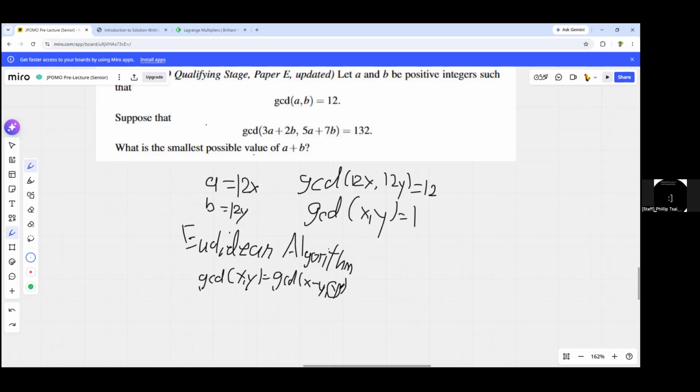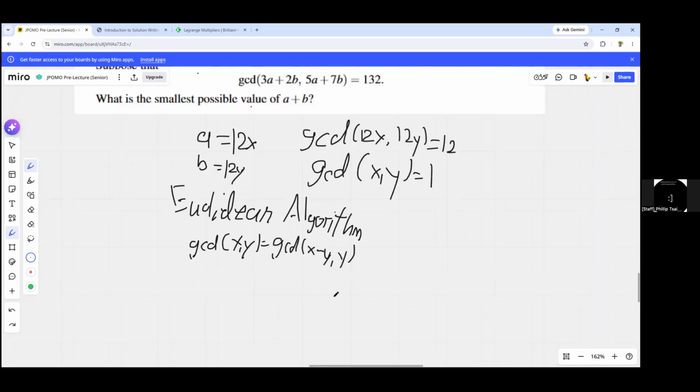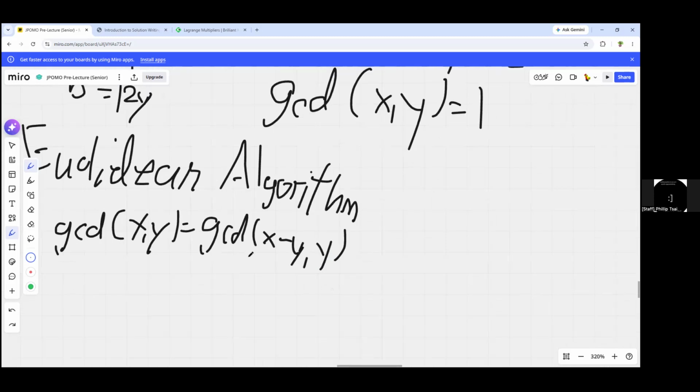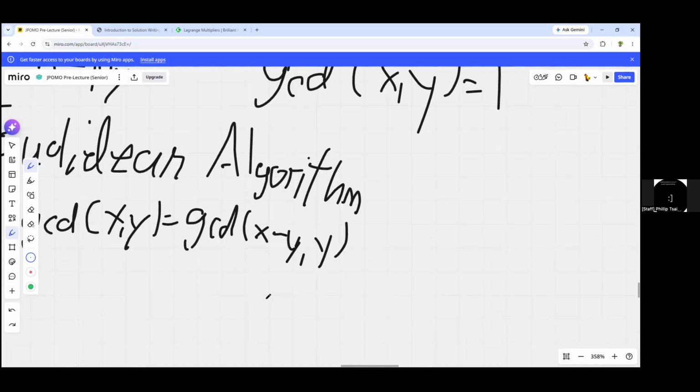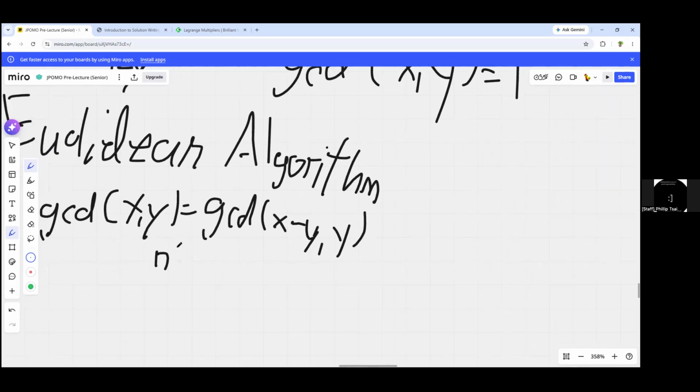And same for here. Let's say p is the greatest common divisor.